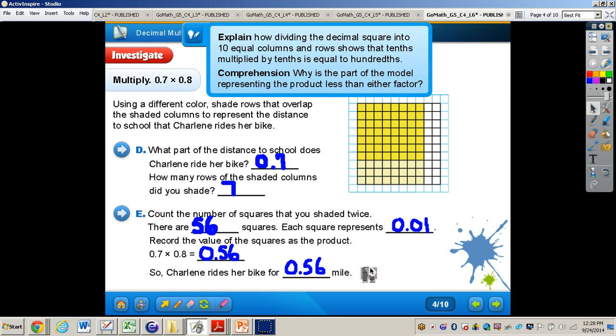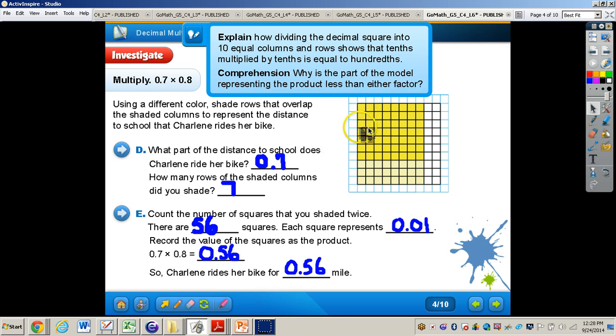Okay, now I know we have some explanation parts there on page 184. It says, explain how dividing the decimal square into 10 columns and rows shows that tenths multiplied by tenths is equal to hundredths. Okay, for example, columns of 10 and rows of 10. The columns and rows each represent a tenth. The small squares created by the overlapping rows and columns show hundredths.